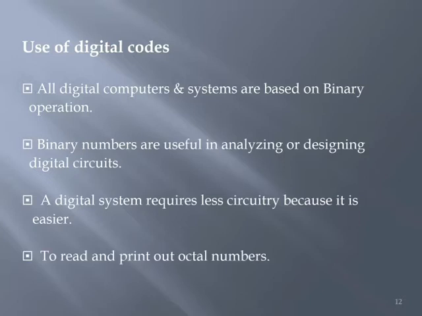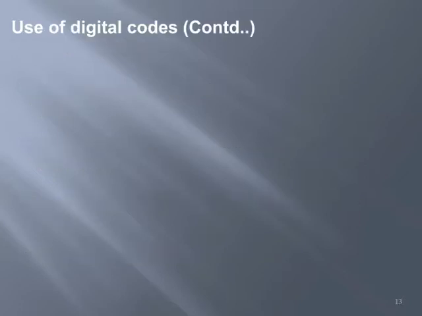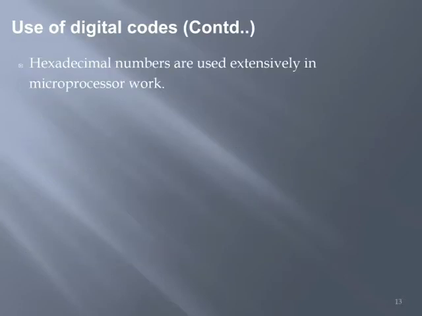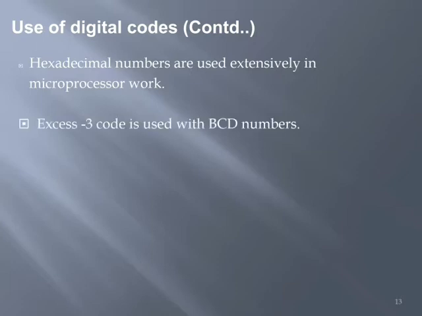In order to read and print out octal numbers, we will be using digital codes. In addition, hexadecimal numbers are also used extensively in microprocessor or microcontroller based systems. Some other codes exist apart from the weighted codes which we discussed in the earlier lecture, that is decimal, binary, octal and hexadecimal.